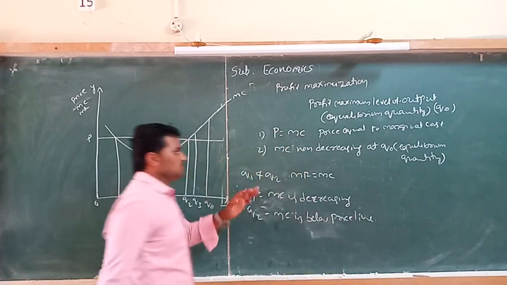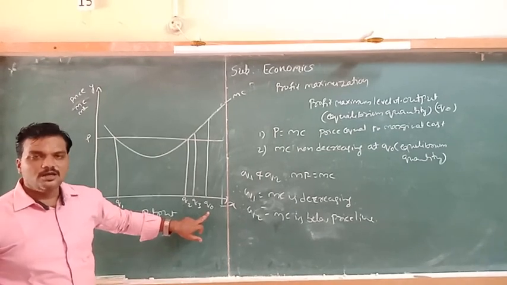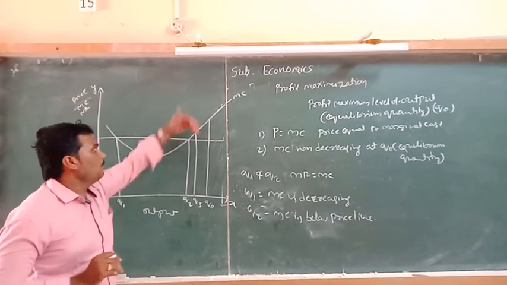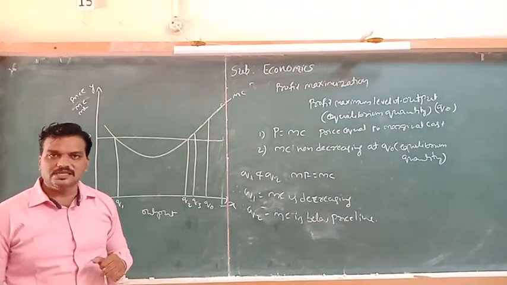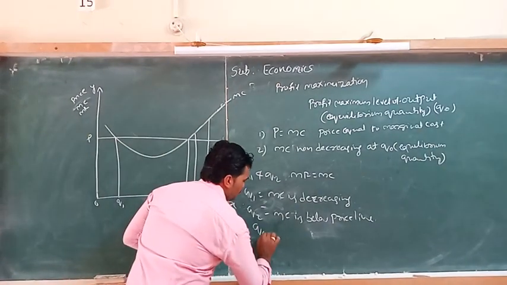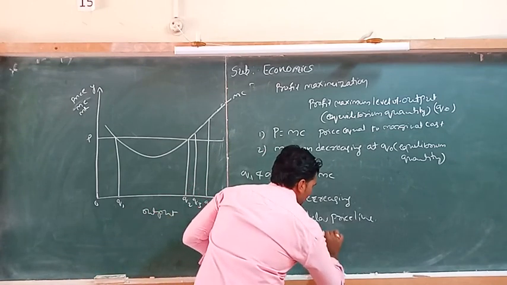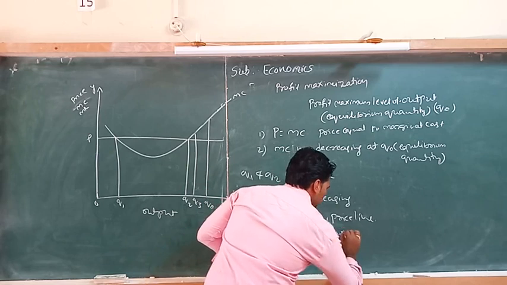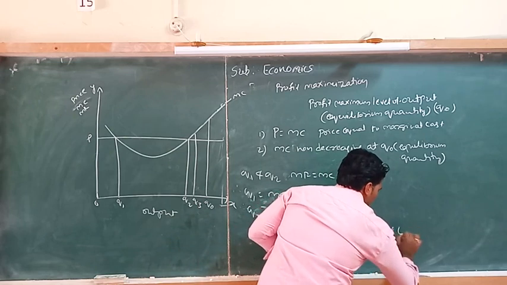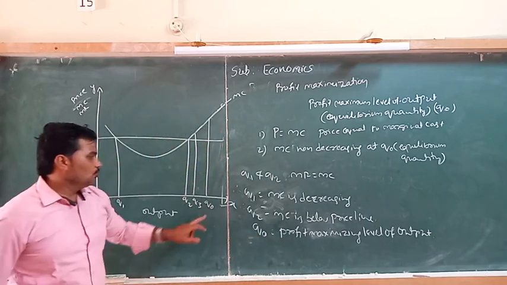Just observe the equilibrium quantity, that is Q naught. At Q naught, the marginal cost curve is rising and above the price line. That's why we can call Q naught the profit maximizing level of output.